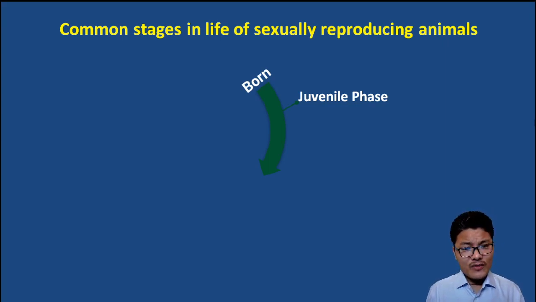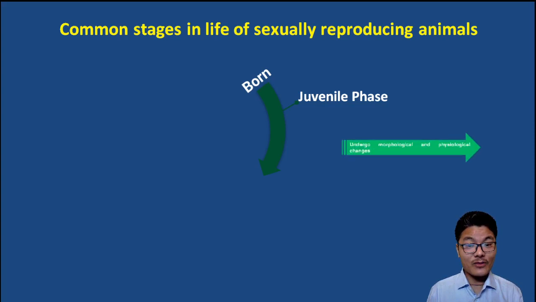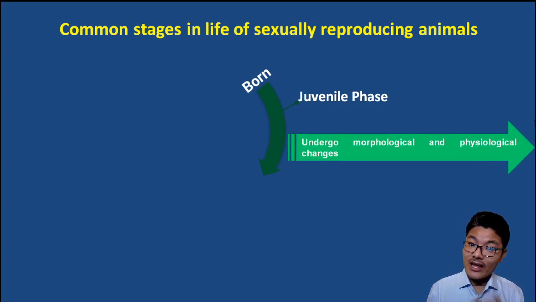Now, before the juvenile phase changes into another phase called the reproductive phase, there are different morphological and physiological changes occurring. Morphological here refers to changes in the external features, the outer appearance of the individual.